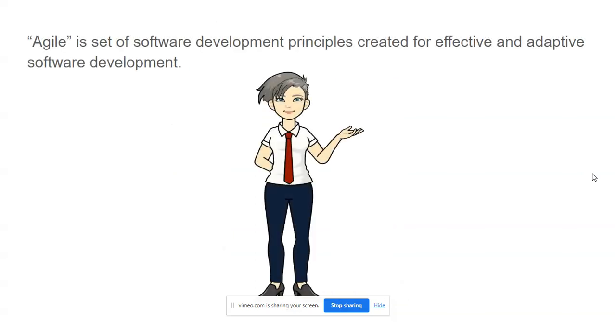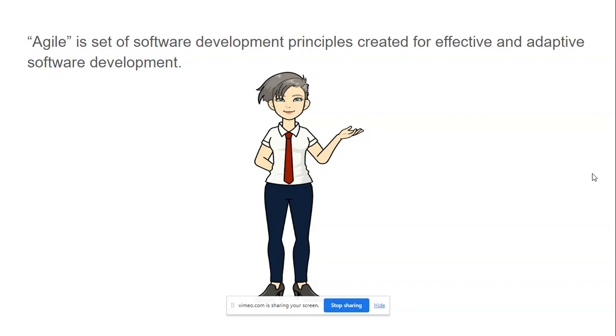So Agile is the set of software development principles created for effective adaptive software development. One of the ideals of software development is collaboration. So she explained to Kel that you need to have enough intuitive collaboration within your system, and you must be flexible in the process.